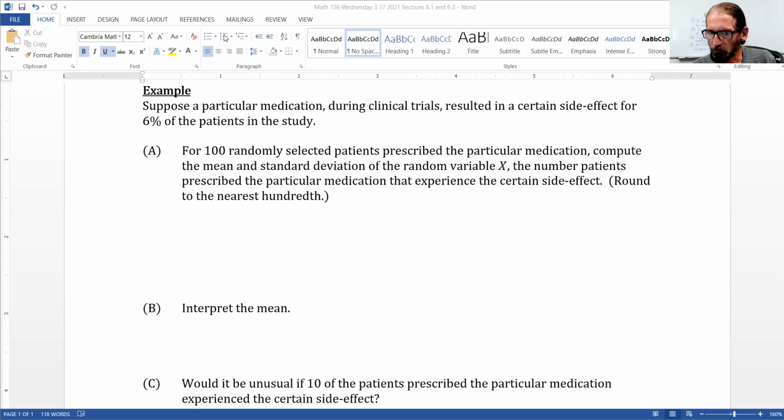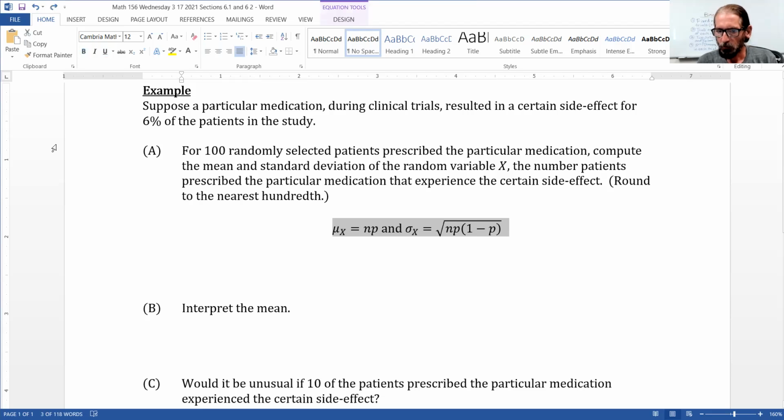It has been found instead that for a binomial random variable, we can find the mean by multiplying n times p, and then find the standard deviation by taking that n times p, times 1 minus p, which, by the way, would be the probability of failure. Multiply n times p times the quantity 1 minus p, and then take the square root at the end.